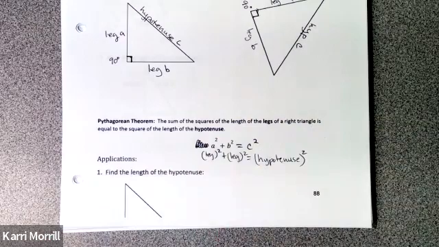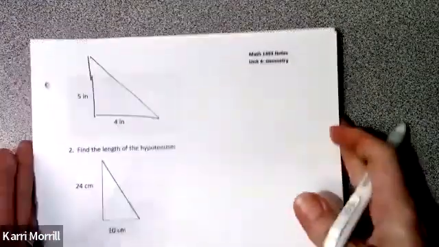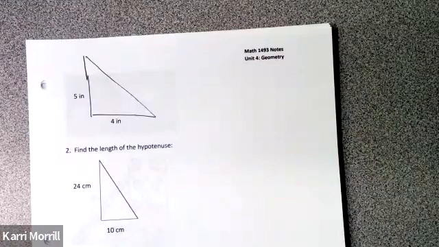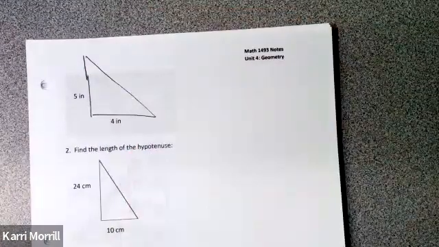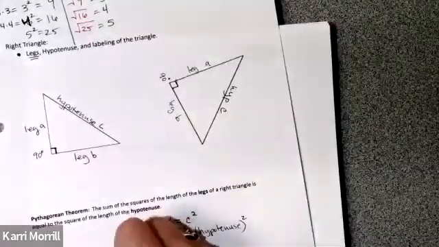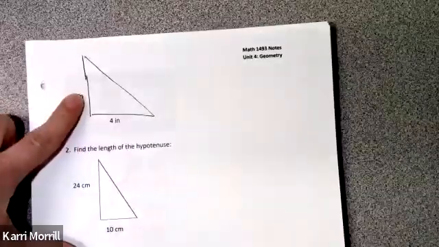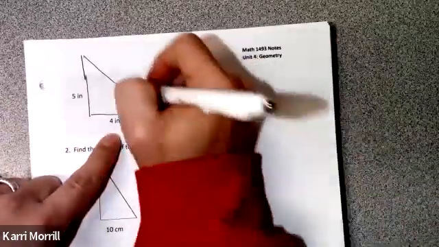So it says find the length of the hypotenuse. Let's turn the page and we'll redraw this triangle right here on the next page. So it says find the length of the hypotenuse, which is your C. So this would be an A, and this is a B, and this is a C, right?